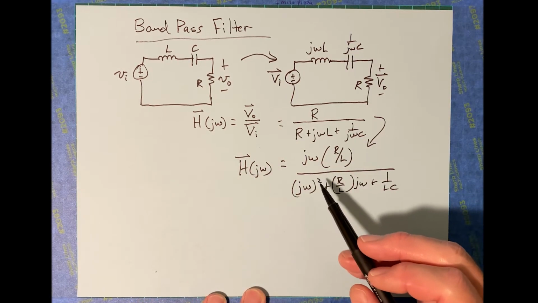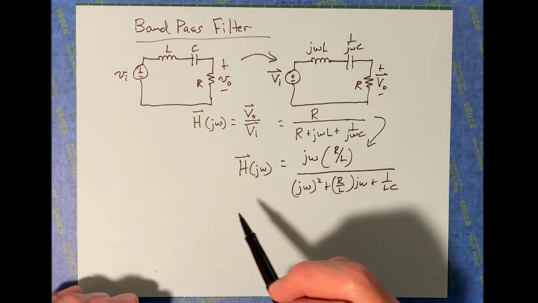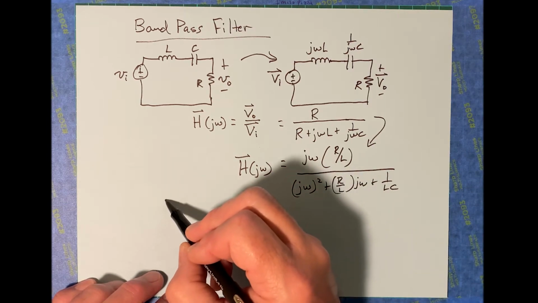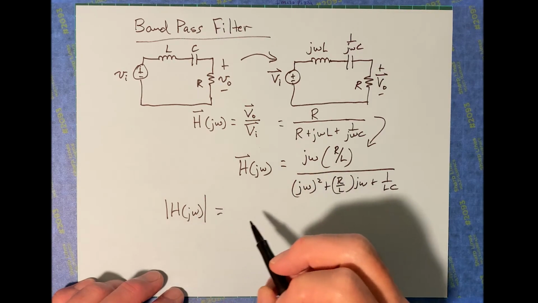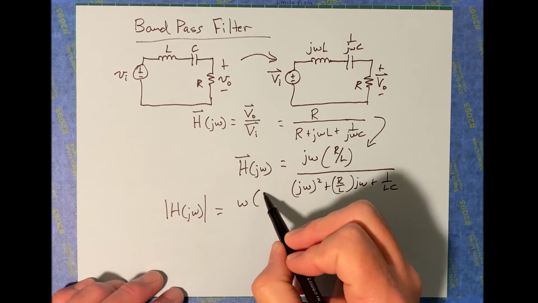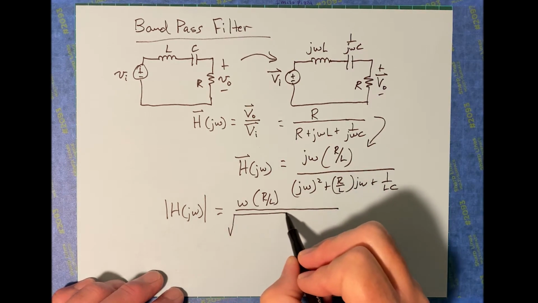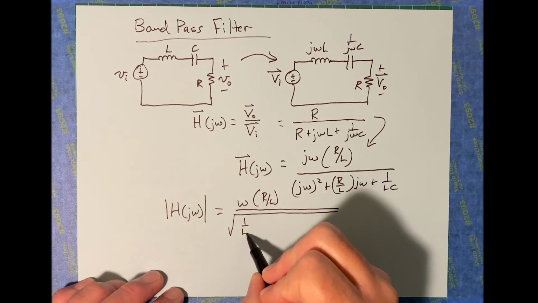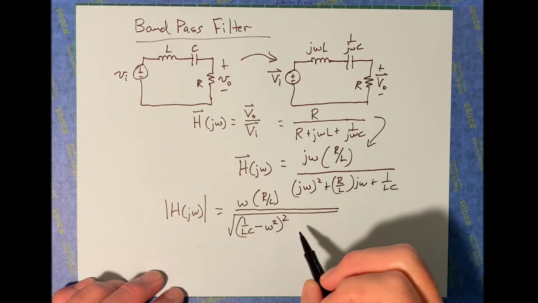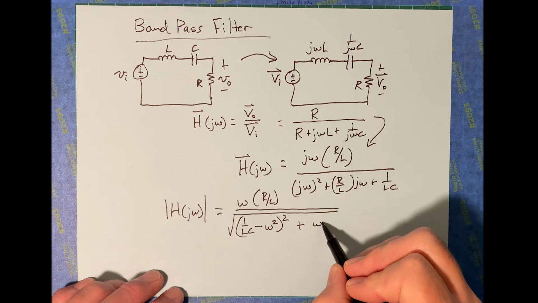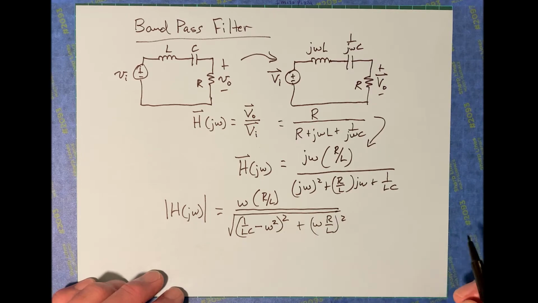Again, not that pretty. Now you can take this, write it in a real and imaginary part, multiply by the complex conjugate, and you can figure out that the magnitude is going to be equal to omega R over L divided by the square root of 1 over LC minus omega squared, quantity squared, plus omega R over L, quantity squared, like that.